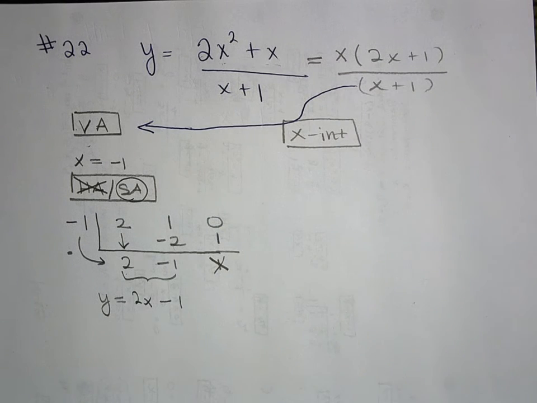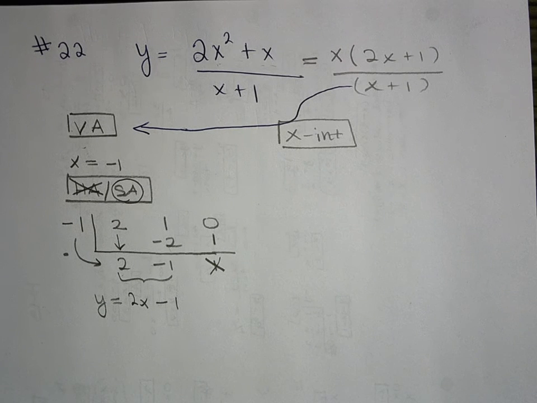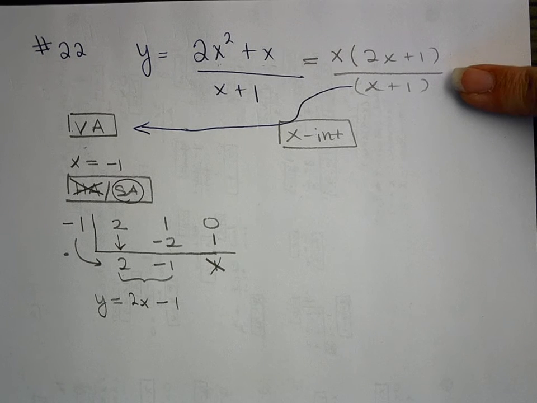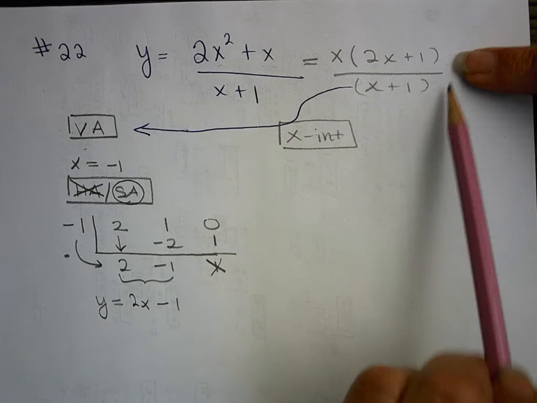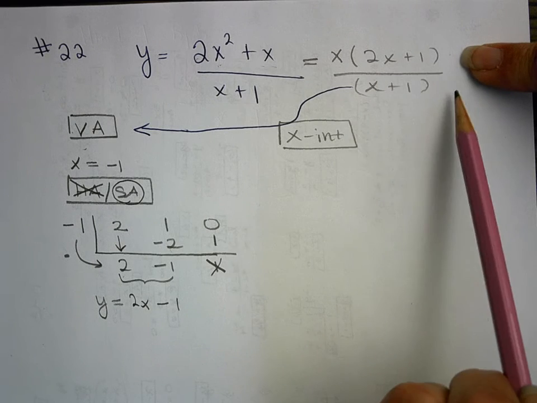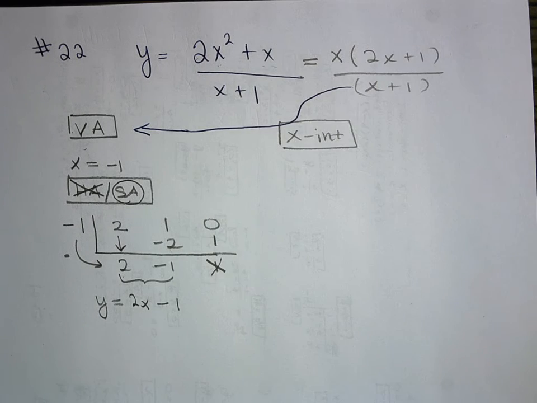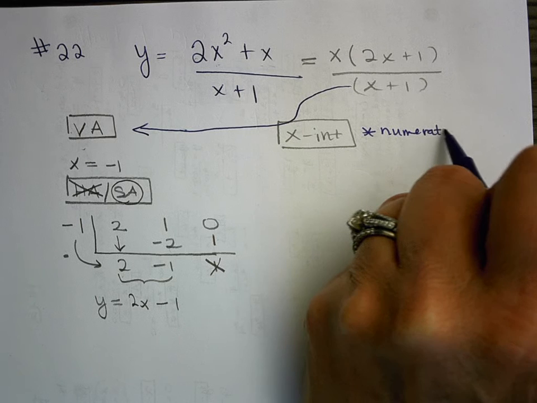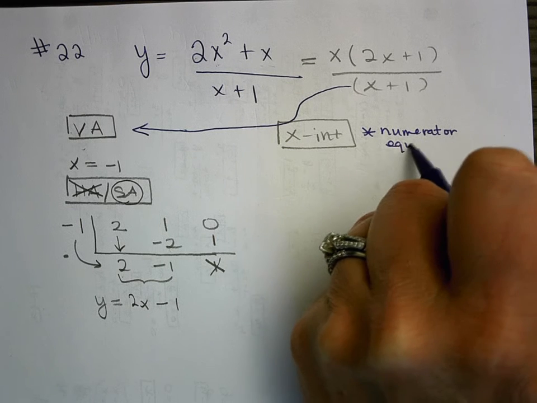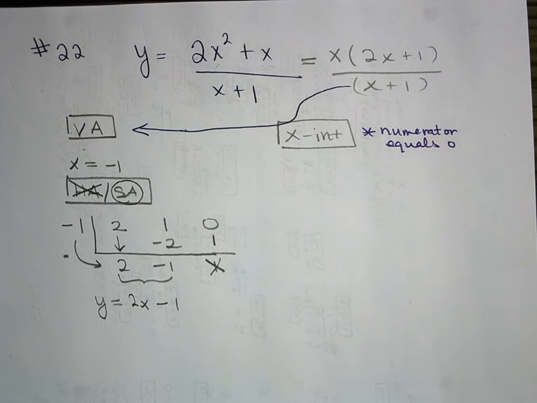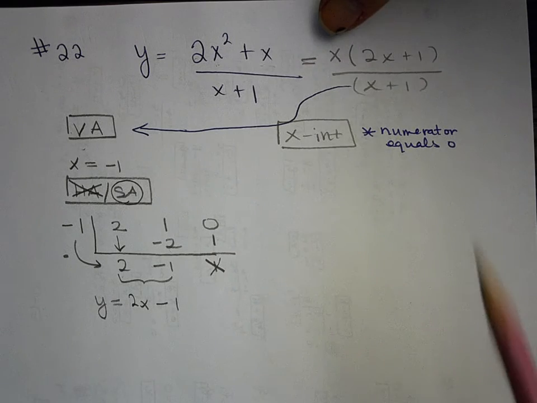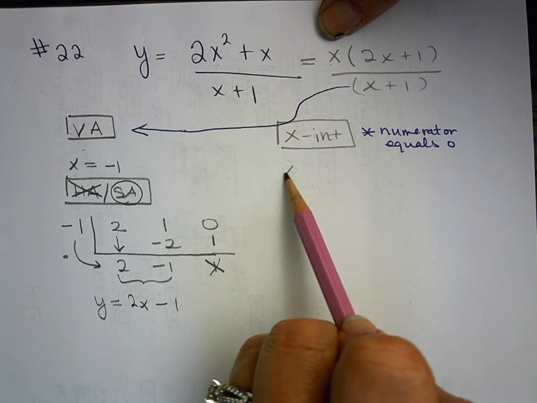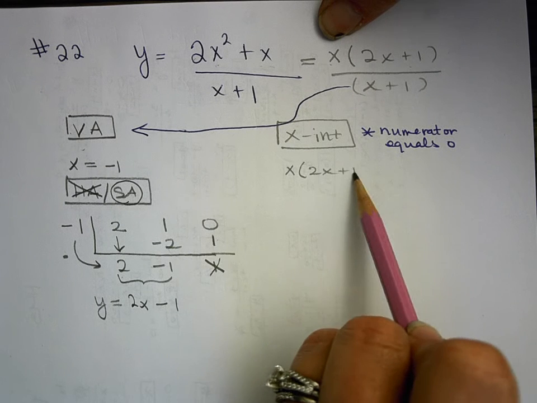I know that I have an x-intercept whenever y is equal to 0. So here's my equation. If I want this fraction to be equal to 0, then I want my numerator to be 0. Whenever I do my x-intercepts, it's always when the numerator is equal to 0. So I have my two factors here, x and 2x plus 1, and I want that to equal 0.